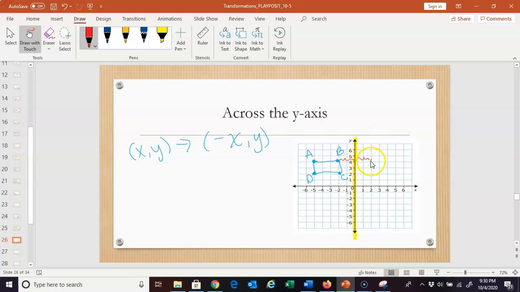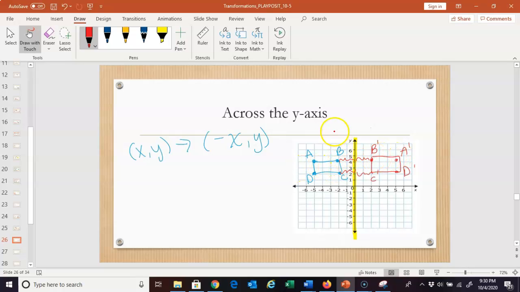So the new point would be here. Let's try it this way and then check it with the rule. C is 2 units away, so C prime would be 2 units away. A is 5 units away from that line of reflection, so let's make A prime 5 units this way. And similarly, D prime is going here.